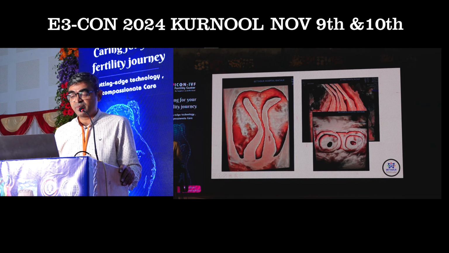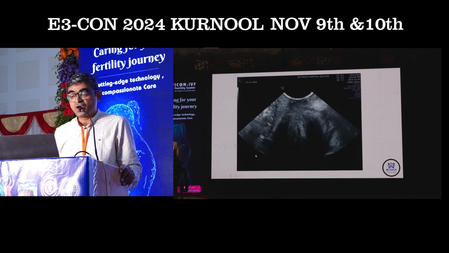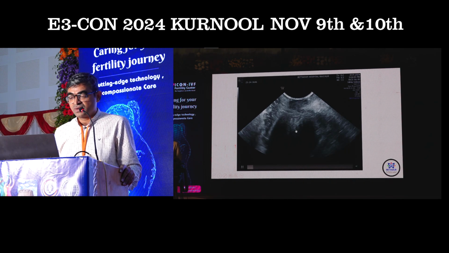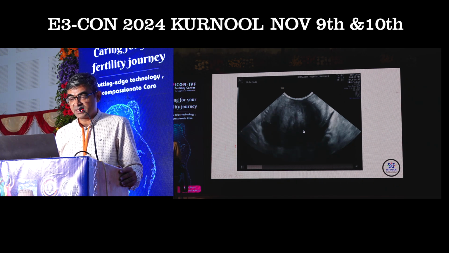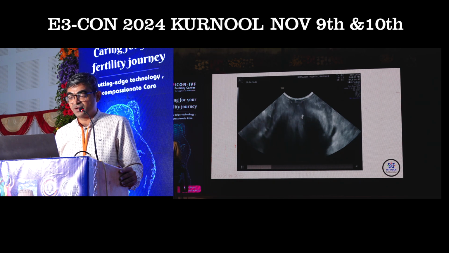So at times I am trying to locate whether there is a Mullerian anomaly in this. I was having difficulty whether to say it is a single external os or it is a bifid cervix. I'm sorry for the poor imaging, but still I am able to see there is one cavity lining here and another cavity lining here, but I was having difficulty to say whether there is a single external os or two external os.